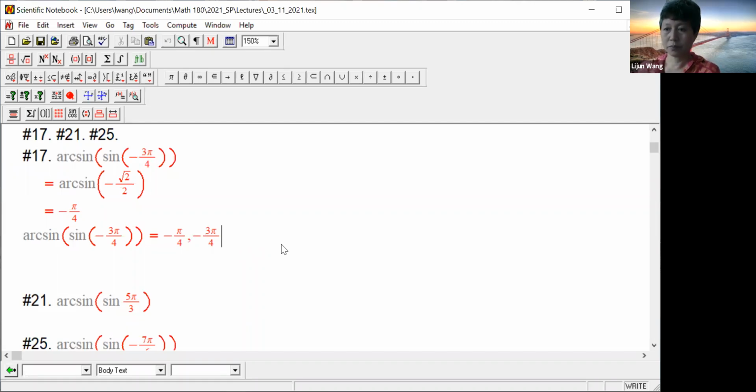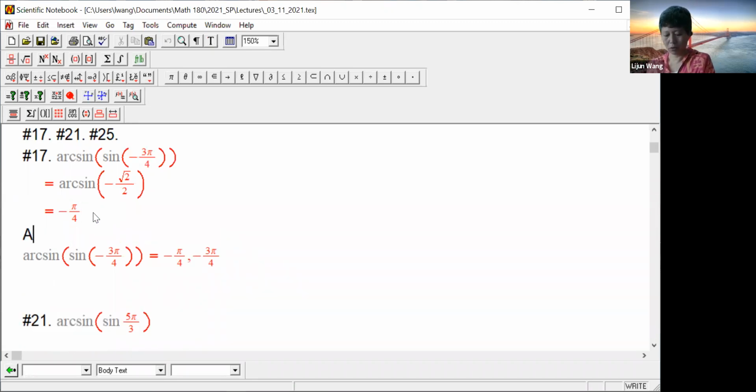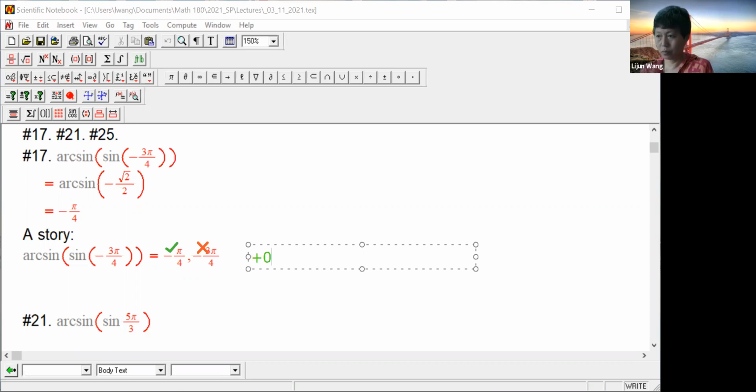I mentioned this before, but I didn't talk about any examples until yesterday. The student gave me 2 answers. One is a correct answer, and the other one is incorrect. In this case, you are getting 0. Even though there's 1 correct answer in your answer, you still get 0.